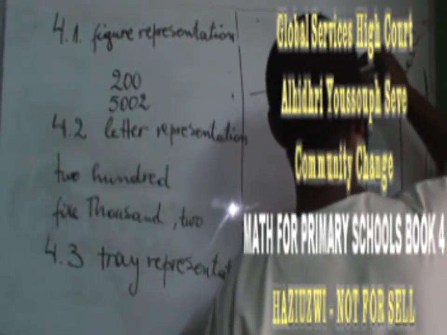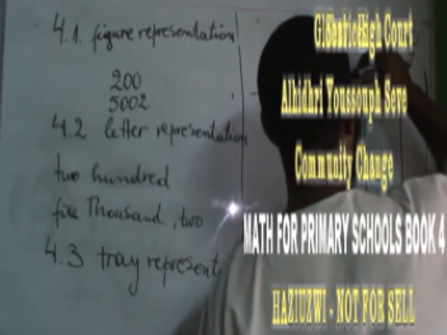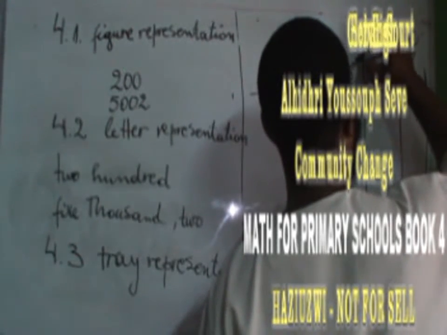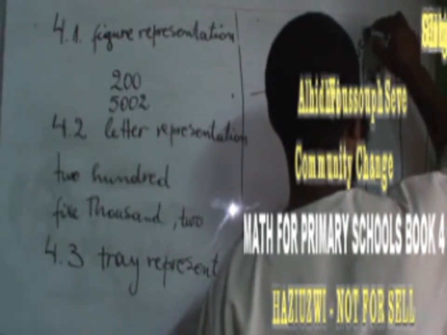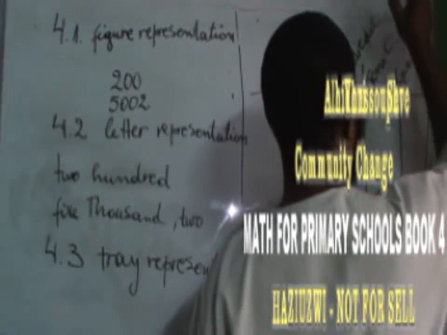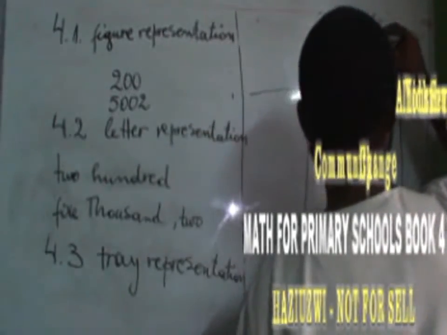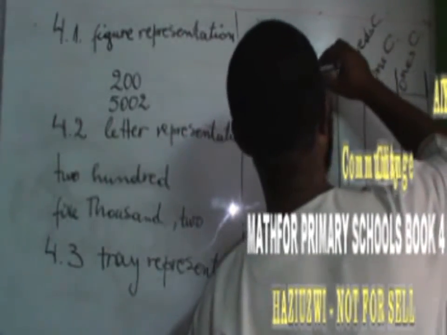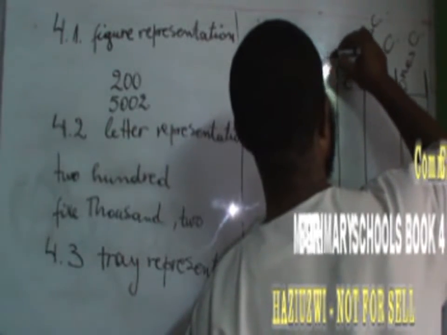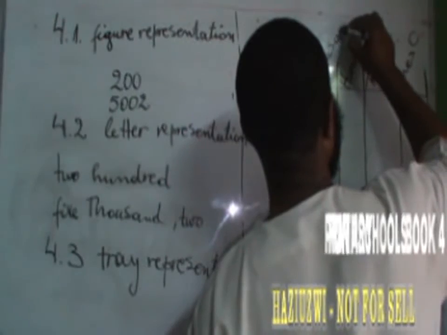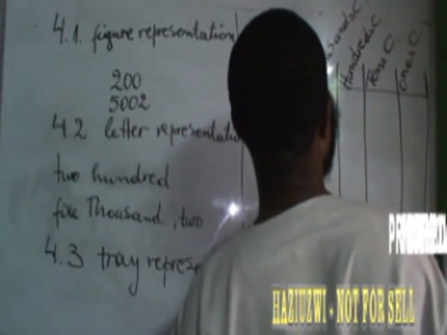The third one is called hundreds column. The fourth one is called thousands column.